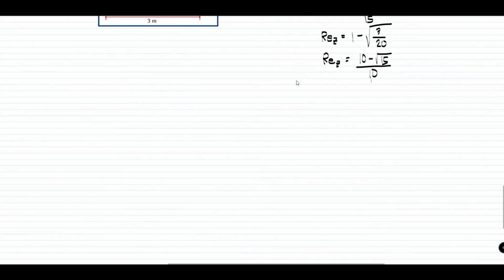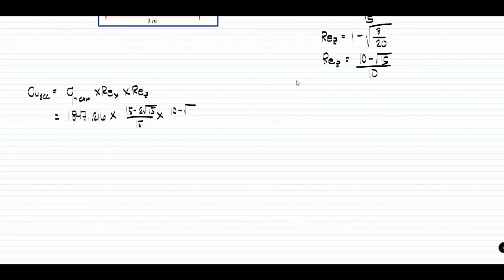So, the QU eccentric, so that will be equivalent to QU concentric times REX times REZ. So, that will be equal to 1847.1216 times yung mga reductions na kinuha natin, which is 15 minus 2 square root of 15 over 15 times 10 minus square root ng 15 over 10.